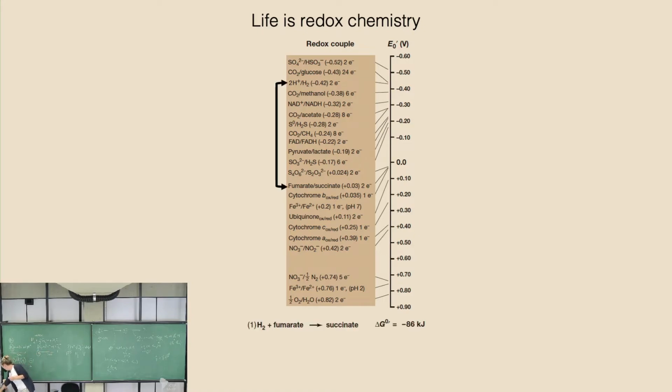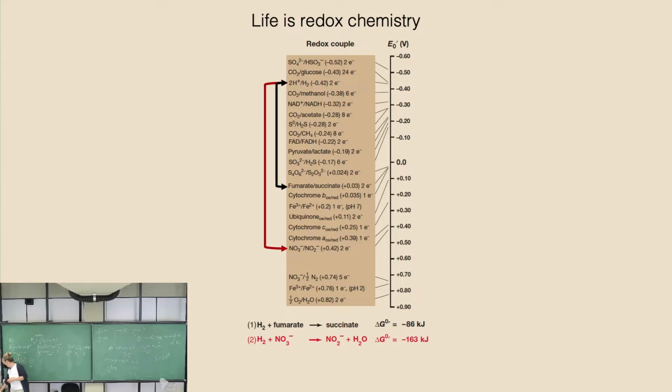So for example, hydrogen can react with fumarate and succinate, and this gives a delta G, which represents the change in free energy and tells you how likely it is that this reaction is going to happen. This is negative. This means that this reaction is favored in this direction.